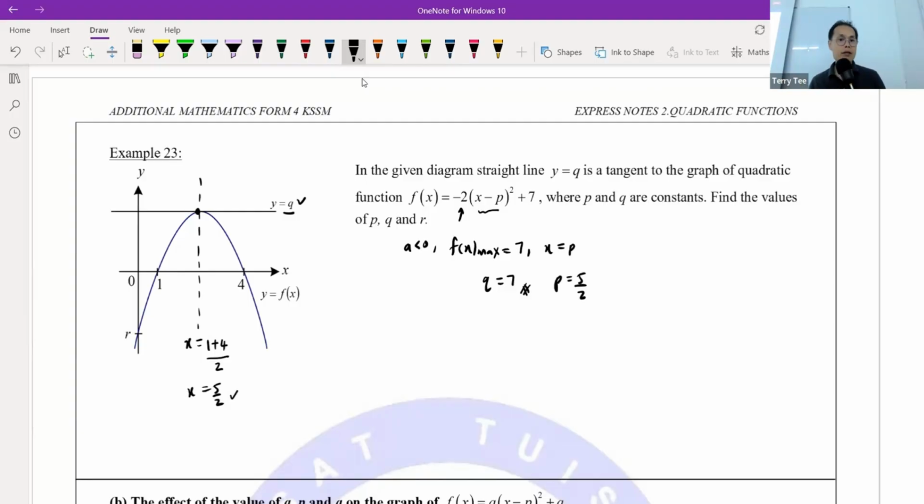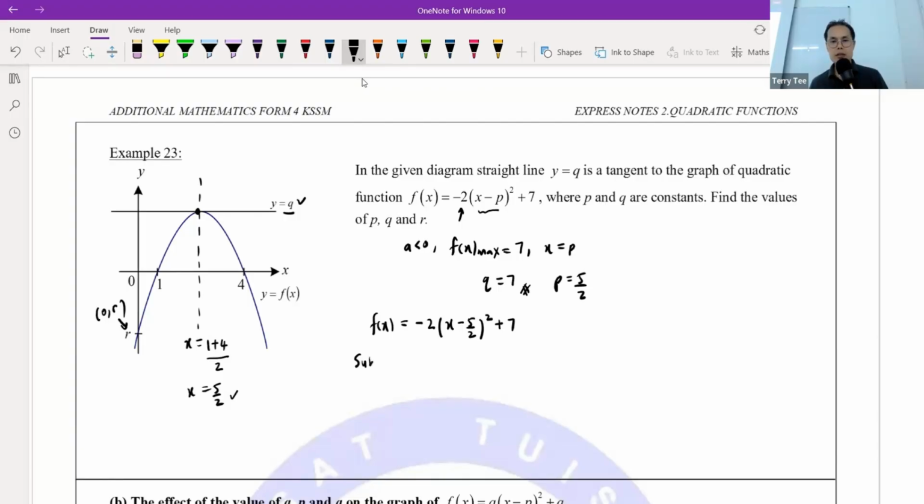Now, I still need to find a value of r. r represents my y-intercept. So we can write this as (0, r). Your x is 0. Your y is r, at the y-intercept here. But before we substitute the coordinate, maybe it's best we take our p value, which is 5/2. We put it inside. You square it plus 7.